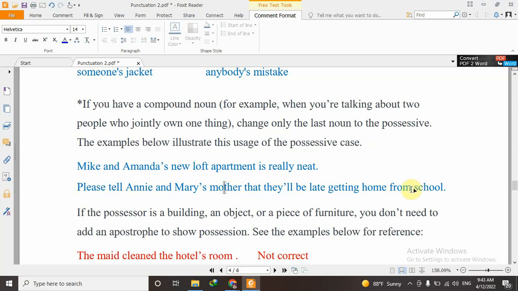And I can also change their places: if Mary is first, the possessive 's goes to Anne. Please tell Mary and Anne's mother that they will be getting home from school.